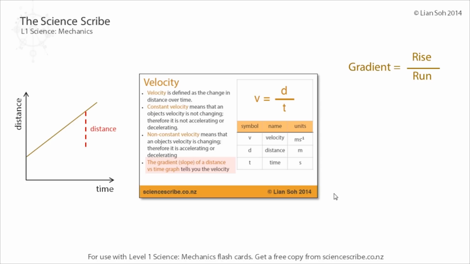The run component refers to the horizontal axis, which in this case is time. So when I take the gradient, rise over run, I'm actually looking at rise, distance, over run, horizontal, which is time. And that's why the gradient, the steepness, gives me the velocity. So the steeper that line is, the faster that object is moving.